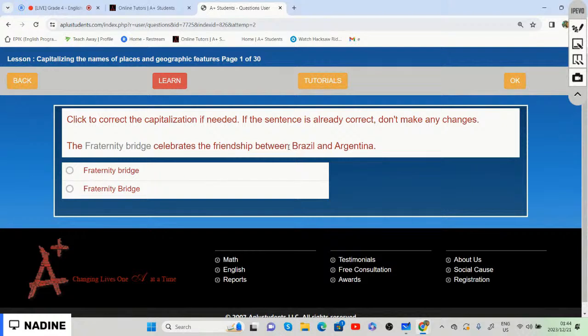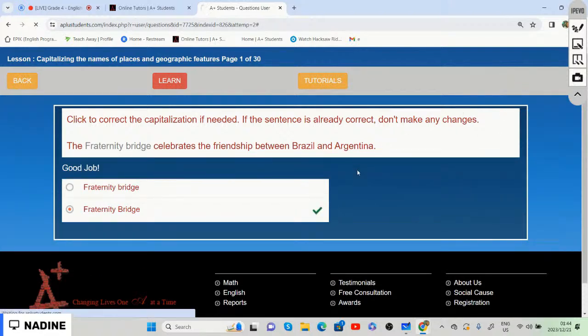The Fraternity Bridge celebrates the friendship between Brazil and Argentina. Fraternity Bridge. So we are going to choose the correct one, and then we will say Fraternity capitalized Bridge.